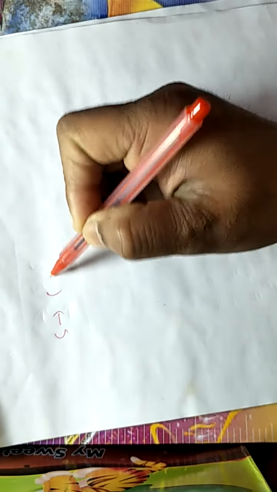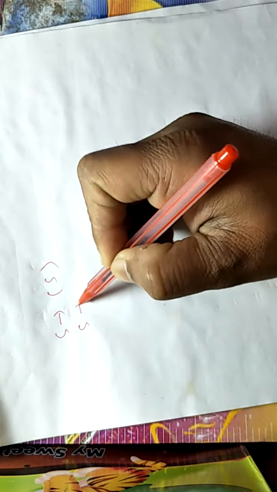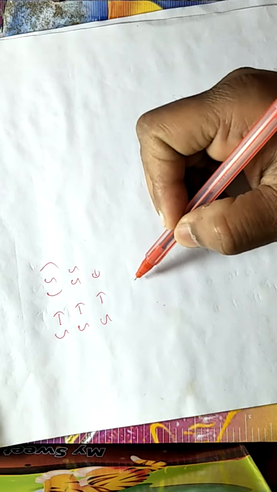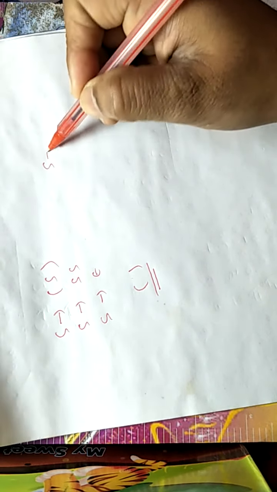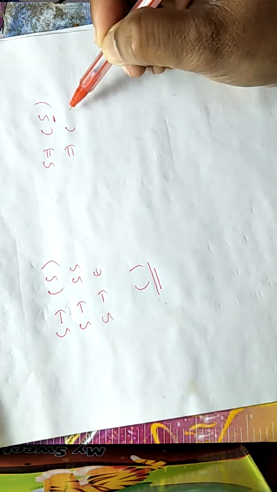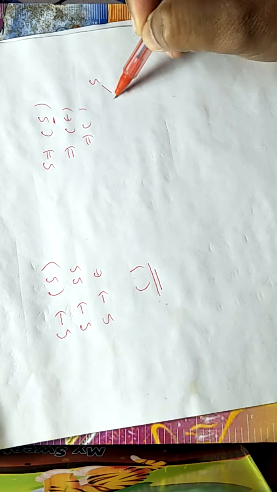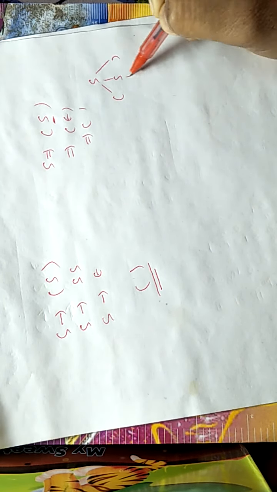Let us look at another example. I am deriving this string from this grammar. It can be derived as follows, replacing this by epsilon, and the parse tree will be this.